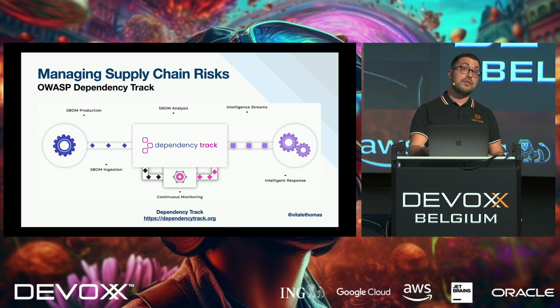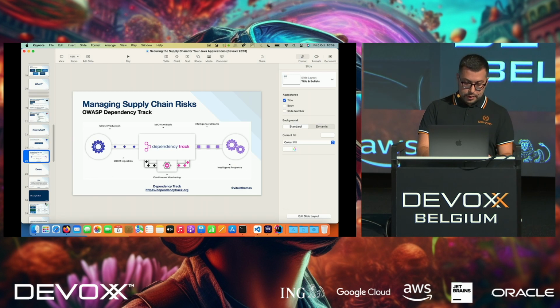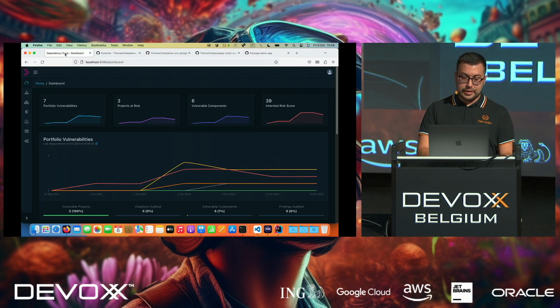So you can run it as a Java application, you can run it as a container on Docker, on Kubernetes. And it really empowers us to get the most out of SBOMs. It provides a REST API, so as part of your pipeline, once you generate the SBOM, then you can send an HTTP POST request to the API, and from there, I'll show you what different things we can do.